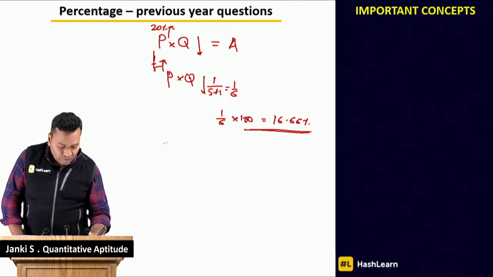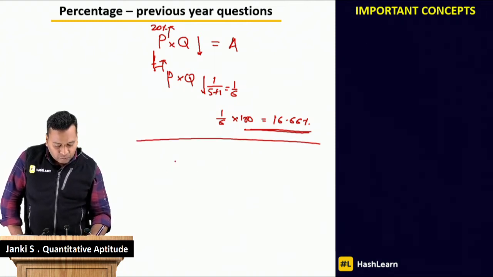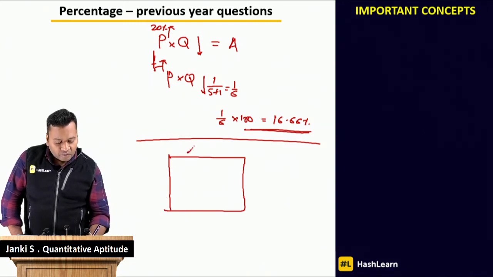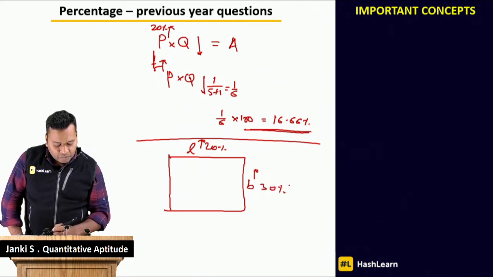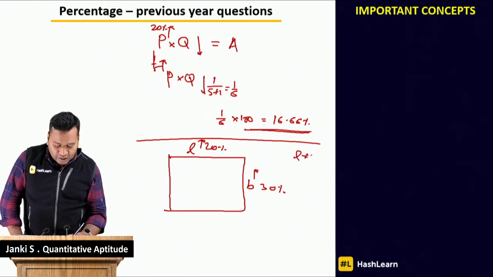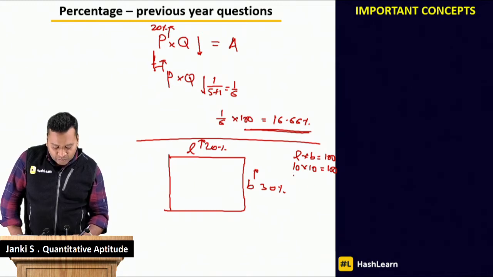Similarly successive change का format आप समझिए. Length of the rectangle is increased by 20% and breadth is increased by 30%. How much is the percentage change? या तो normal आप assumption से जाएंगे where length into breadth I'll consider as 100, so I'll keep length as 10, breadth as 10, that's why it's 100 here. Second thing is length is increased by 20%, that means the new length is 12 and breadth is 13, that means the value is about 156.